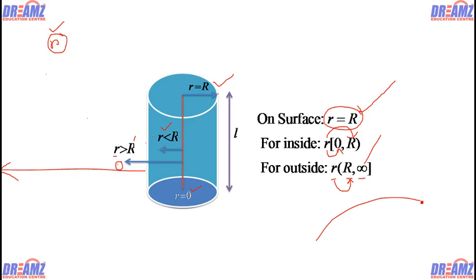Therefore, for calculation we have to put down the area, and that area is only 2 pi RL, and the point may be on the surface, inside or outside of the cylinder. If it is on the surface, small r is equal to capital R. If it is inside, small r is between 0 and capital R. And if it is outside, small r is greater than capital R and lies between R and infinity. So now in the next class, we'll start with the intensity of the cylinder. Thank you.